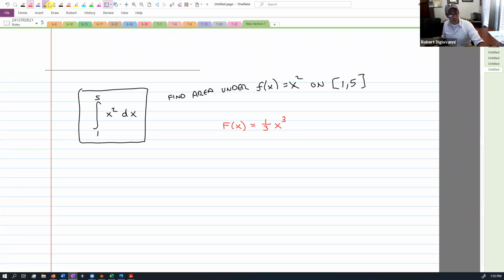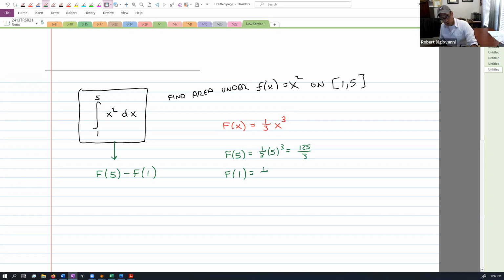Now, the theorem says that this will be equal to capital F evaluated at 5 minus capital F evaluated at 1. So I need to figure out what F of 5 is and what F of 1 is. F of 5 is 1/3 times 5 cubed, that's 125 over 3.